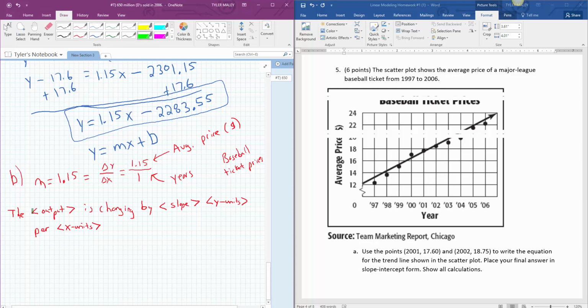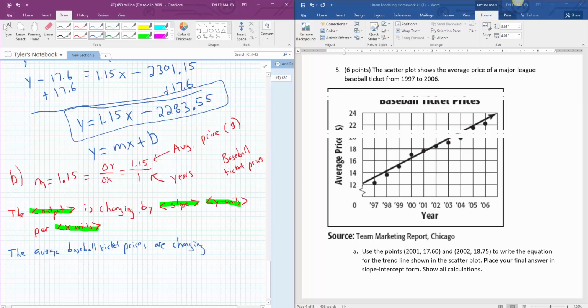So I'll highlight the areas that we need to fill in, where it's in green. So I would start the sentence by saying the average baseball ticket prices are changing, right?